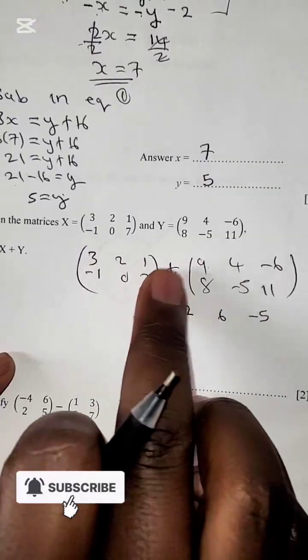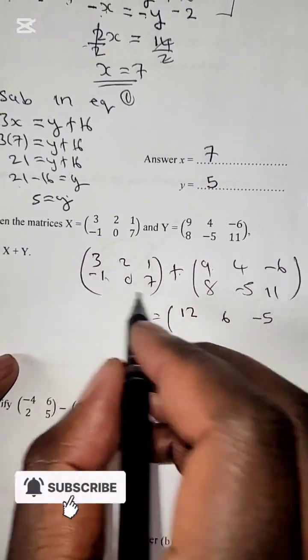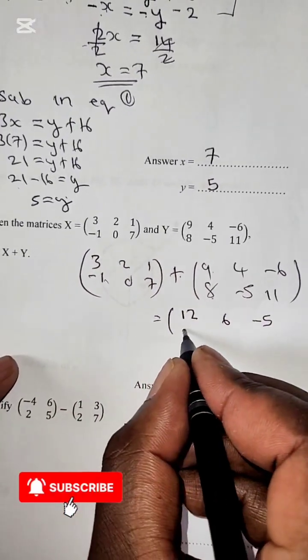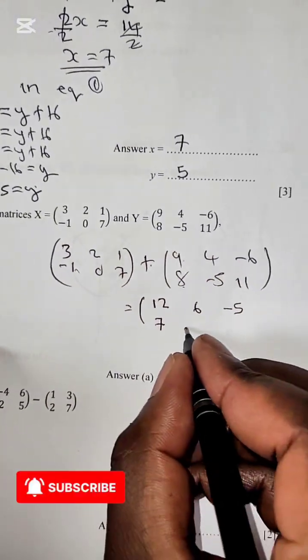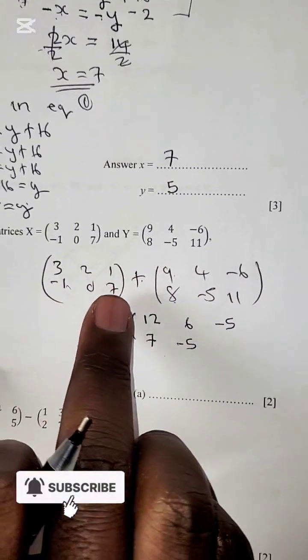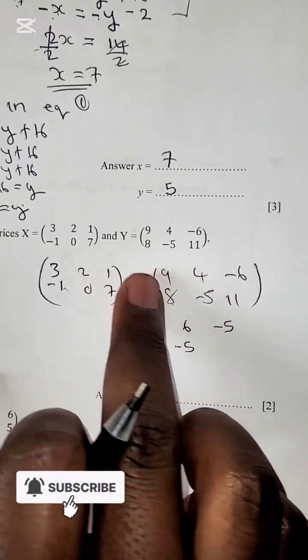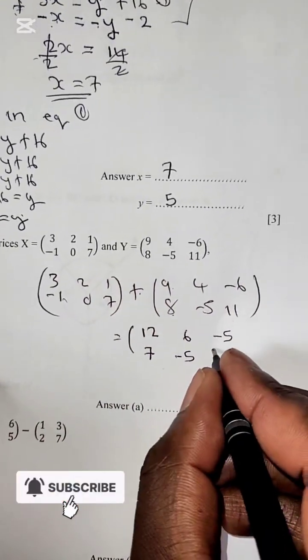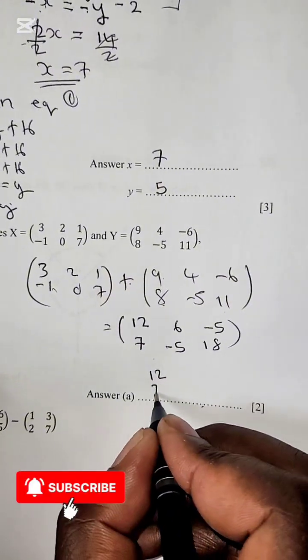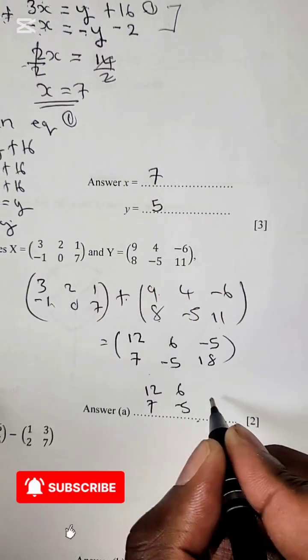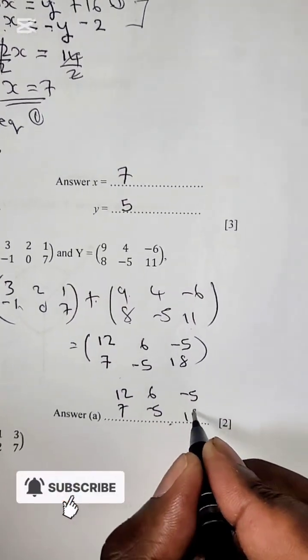Minus 1 plus 8, we get 7. 0 plus minus 5, you get minus 5. 7 plus 11, you get 18. So our answer is 12, 7, 6, -5 and 18. That's x plus y.